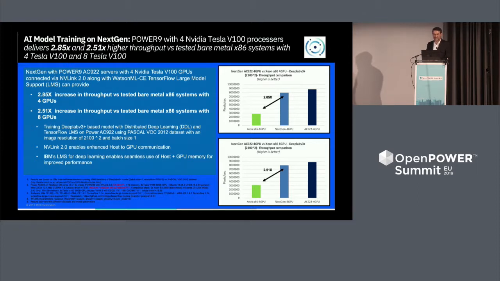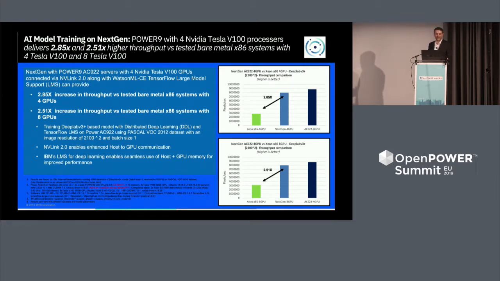And this is the other important point about this, the virtualized versus bare metal. So bare metal is on the far right for the AC922, and there isn't a significant drop in the performance between the bare metal and the virtualized instance that is being compared against in the middle. So when you go to the cloud, this is what you're going to get when you provision a virtualized instance with GPUs associated with it.